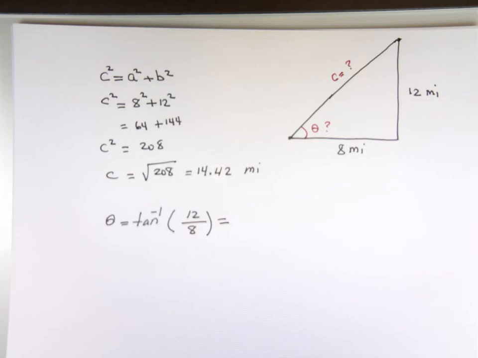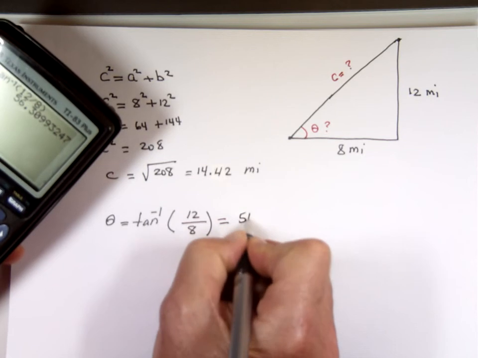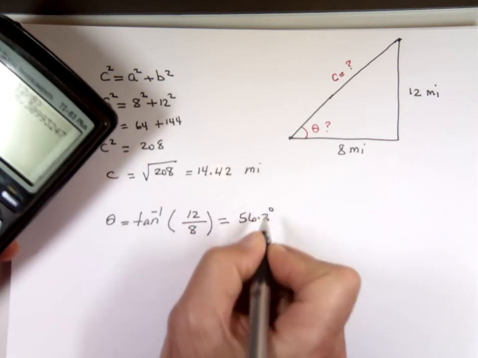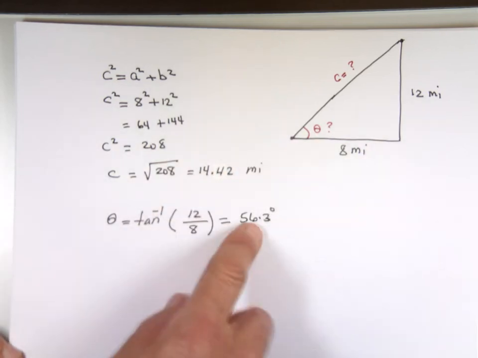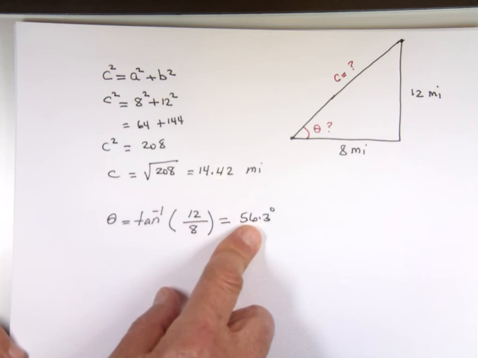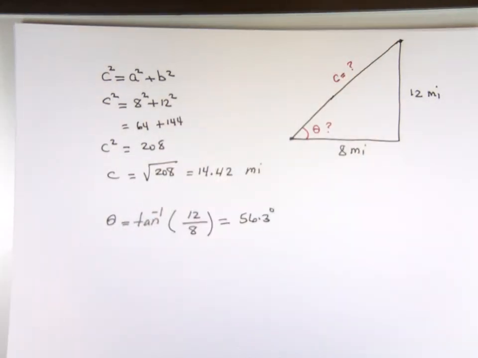So what's the inverse tangent of 12 divided by 8? I'm going to tell them to go 56.3 degree heading. So the pilot will leave out of, I don't know if it's a hospital, Baystate Hospital, put in the GPS 56.3 degree heading, go 14.4 miles, and you should find them right there.